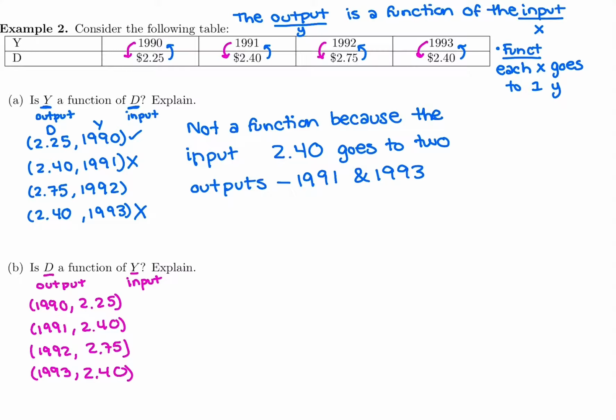Yes, two of them have the same y value, but that's two different x's going to one y value. So there's no rule that says each y has to belong to one x. It's just, does each x go to exactly one y value? 1990 goes to exactly 2.25, 1991 goes to exactly 2.40, 1992 goes to exactly 2.75, 1993 goes to exactly 2.40.